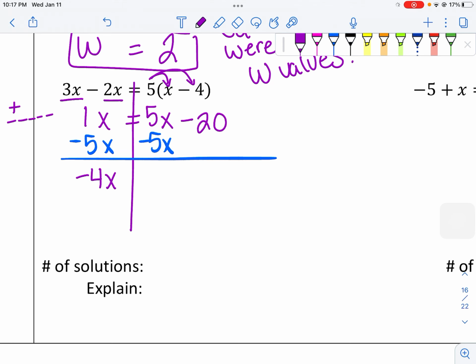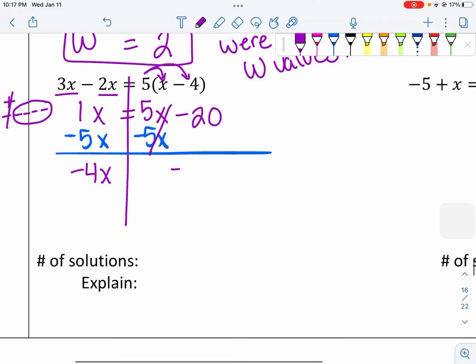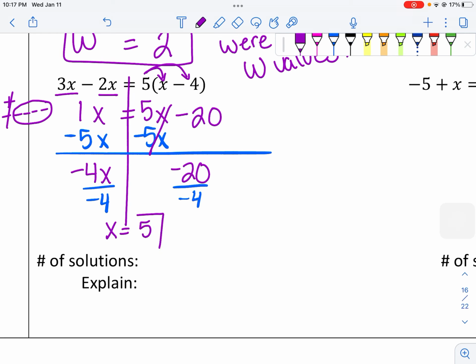They're different signs, so find the difference between them. There's -4 left because these equal 0. And -5 and -5 is 0, and then -20 here. Then divide by -4 on both sides to get the x by itself. Then when you divide a negative by a negative, it is a positive.